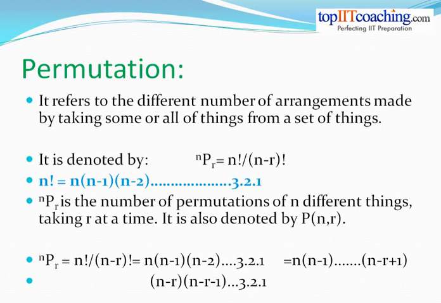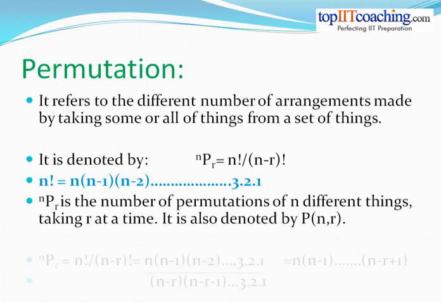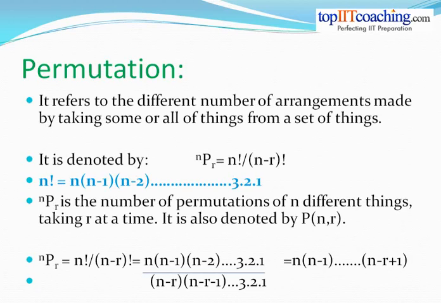Now let's try to expand this. We know that n factorial is equal to n into (n minus 1) into (n minus 2) up to 3 into 2 into 1. And what is (n minus r) factorial? It is a continuous product of consecutive natural numbers from (n minus r) to 1. So that becomes (n minus r) into (n minus r minus 1) up to 3 into 2 into 1.